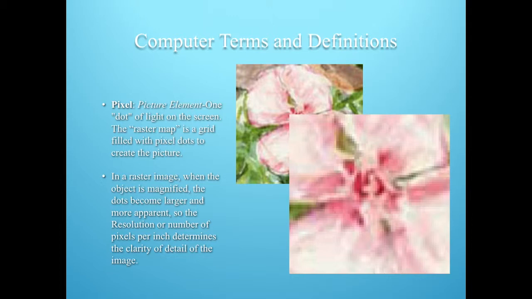In the raster image, when the object is magnified, the dots become larger and more apparent. So the resolution or number of pixels per inch determines the clarity of detail of the image. This is why it's very important to know how many pixels you are using in your image, and this is why we have presets, so we will be able to control the number of dots per inch, either horizontally or vertically.